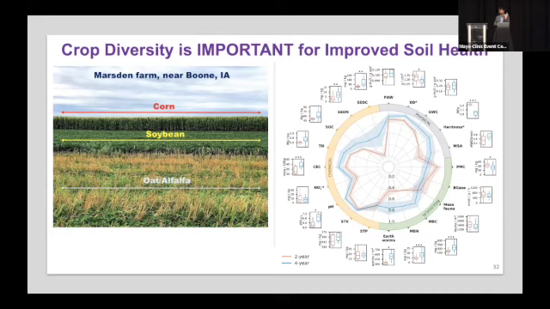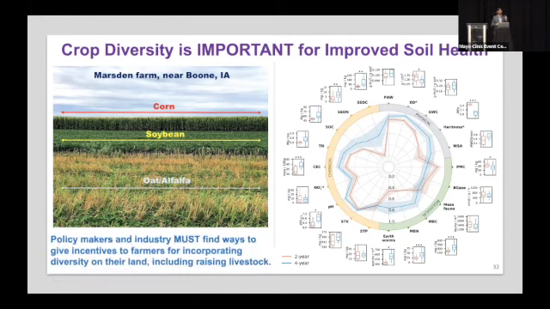In each and every case, pretty much we saw that the diversified crop rotation improved the soil health. Another take-home message is that policymakers and the industry must find ways to provide incentives to our farmers, so that we can promote farmers practicing diversified systems, including livestock, on their own farms.